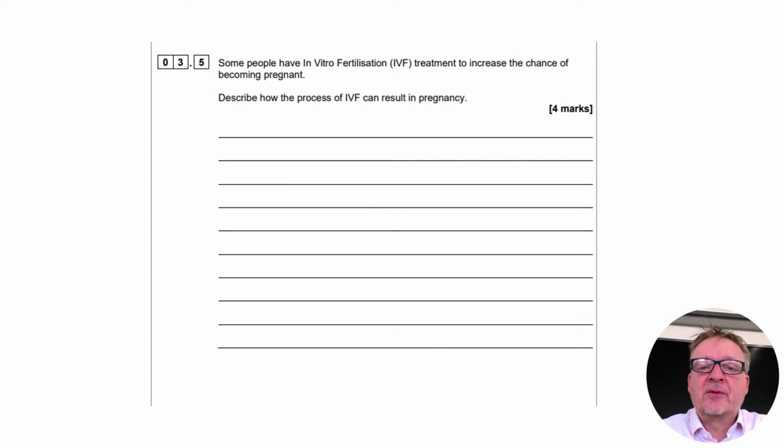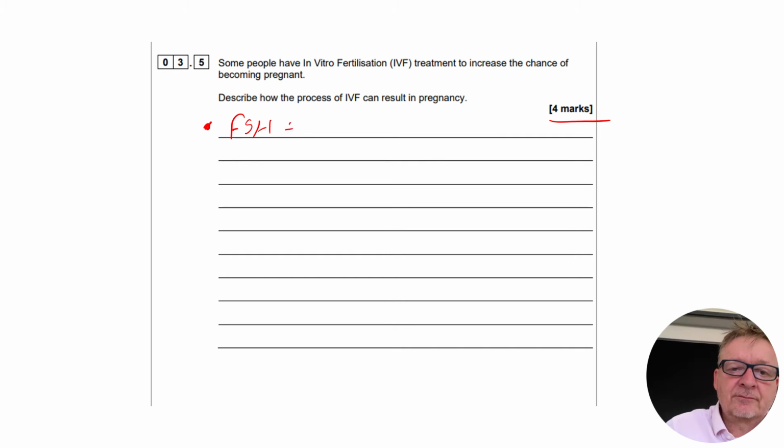3.5. Some people have in vitro fertilization, in glass fertilization, treatment to increase the chance of becoming pregnant. Describe how the process of IVF can result in pregnancy. Fabulous. Let's just do it in sections. 4 marks, great question. FSH and LH are given to the female.